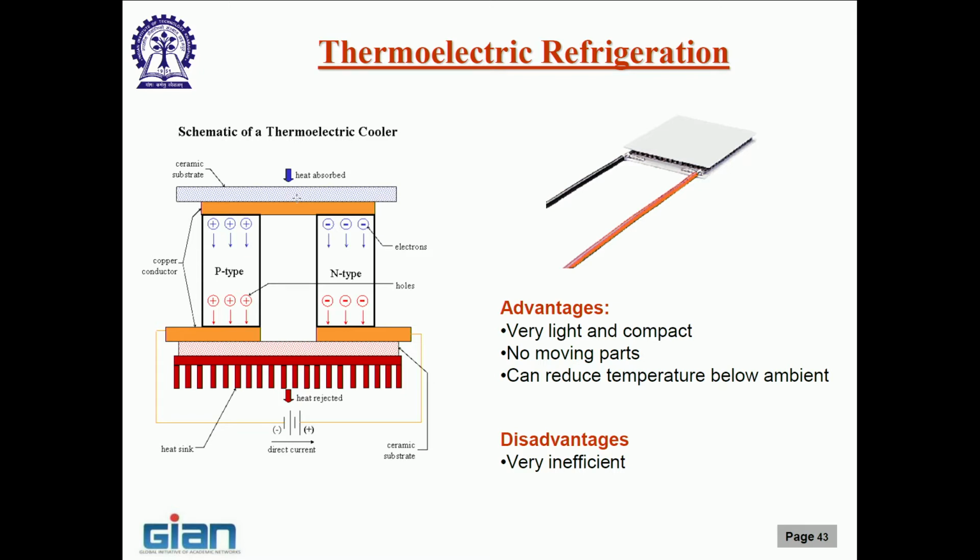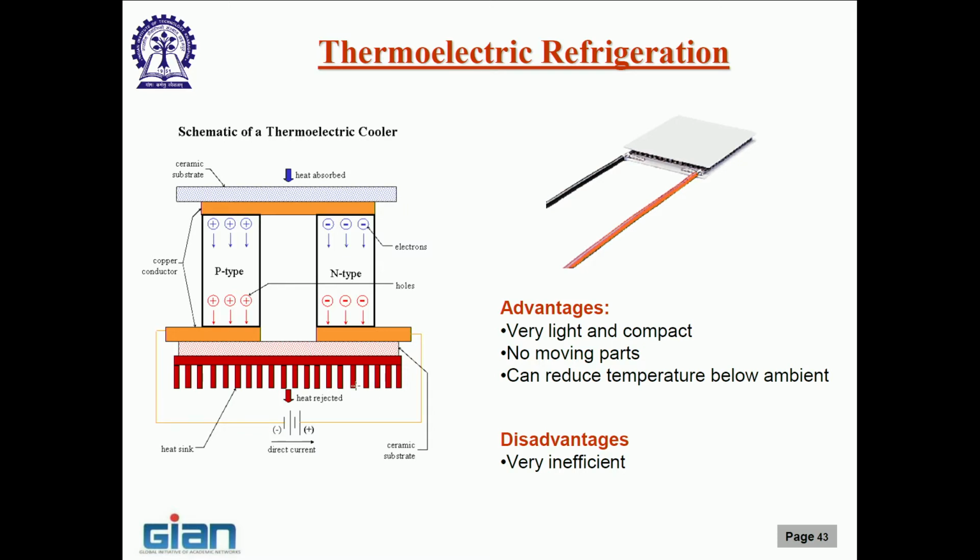So, it is useful if you want to reduce the temperature at a certain location, but finally what you are rejecting is much more than the heat that you are absorbing, because what you are rejecting is the heat that is absorbed plus the electrical energy that you have supplied, which is several times higher than what you have removed.